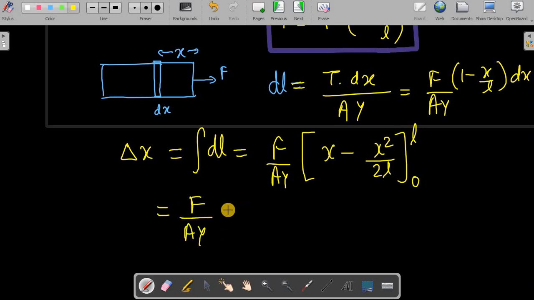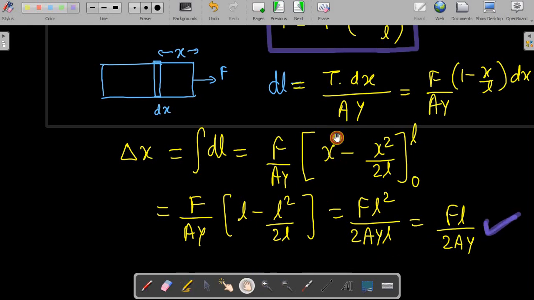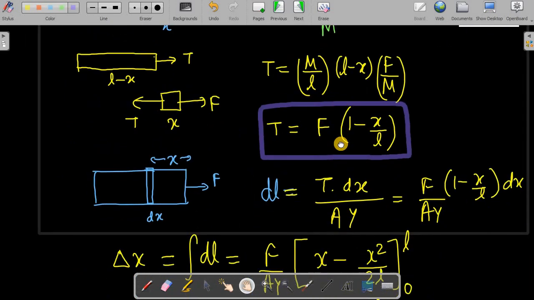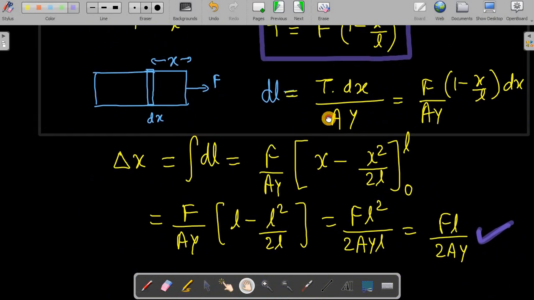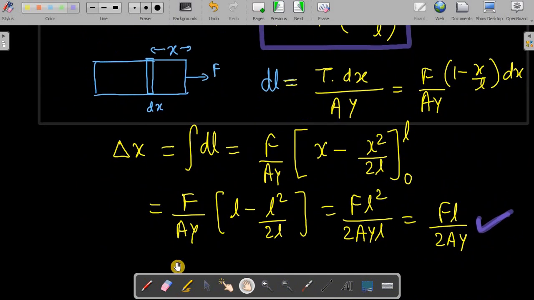F by AY, this is L minus L squared by 2L, and other things will be 0, right? So FL squared by 2AL, it is FL by 2A. It is the same as when mg force is acting, so mgL by 2A, like we have seen previously, in exactly the same manner. But we know the tension is changing along the length, and because of that it will happen.